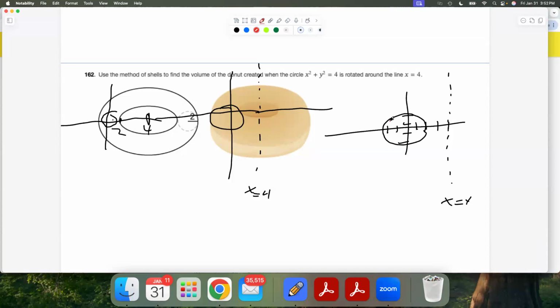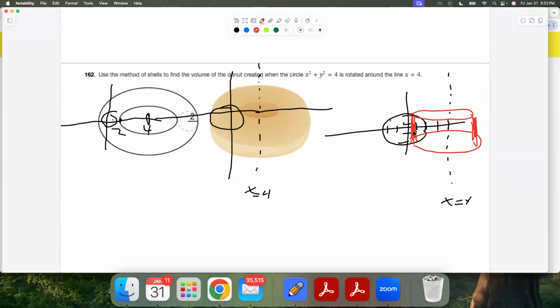So if I do this with shells, I'll pick some random, say, x value here. Pick out this little rectangle. Always draw your rectangle. That is getting rotated around like this. The other half is going to be over here.